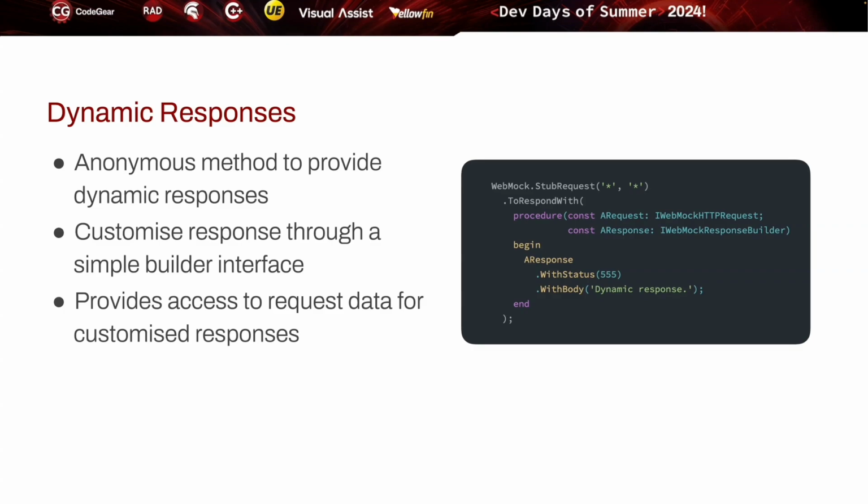And what you do here is you just say response.WithStatus, and here we're specifying a non-existent or really obscure status of 555, and I'm passing a body of dynamic response. So the response builder is identical to the response builder that you would be interacting with when you are defining the static response.